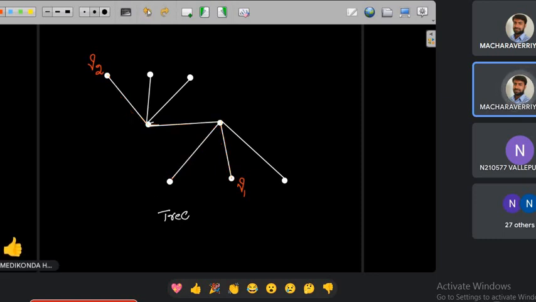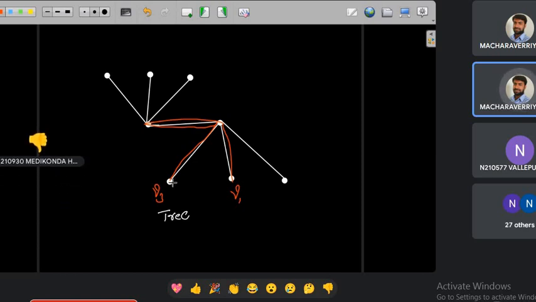You may say that, sir, from V1 to this point, let me name it as V3, you'll go like this and go like this and come back and then reach V3. If I say just a path, you can have a path where you can repeat the edges.